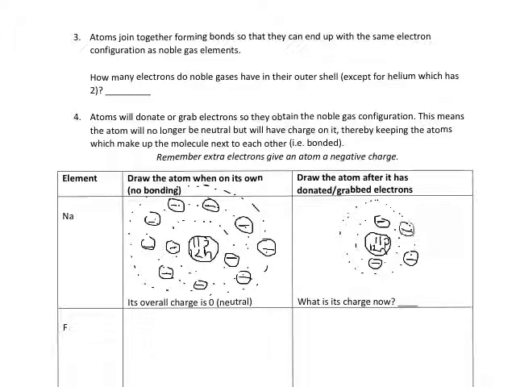So that means 3, 4, 5, 6, 7, 8. Let me just check I've counted up properly. 1, 2, 3, 4, 5, 6, 7, 8, and 2 is 10. So we've lost 1 because the M shell electron's gone. So therefore that means there are more protons than electrons, and therefore its charge is now 1 plus. It's got 1 extra proton.